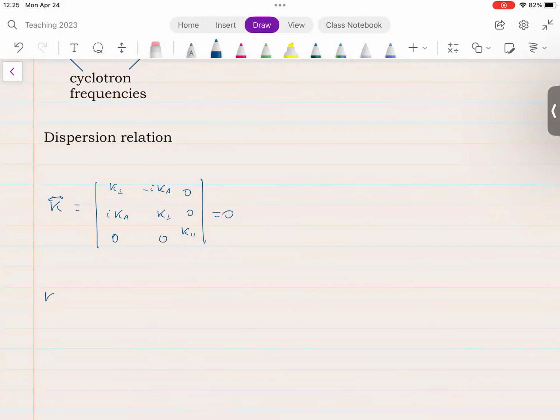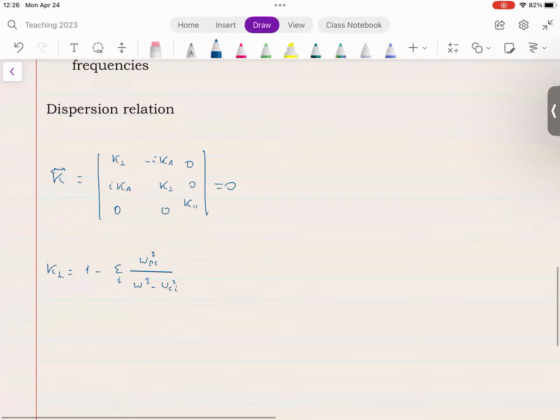Now, k perp is equal to 1 minus the sum over i of omega plasma of the species over omega square minus omega cyclotron square.